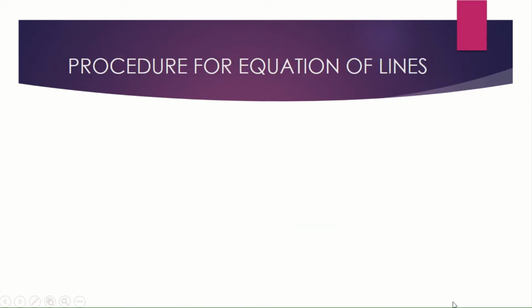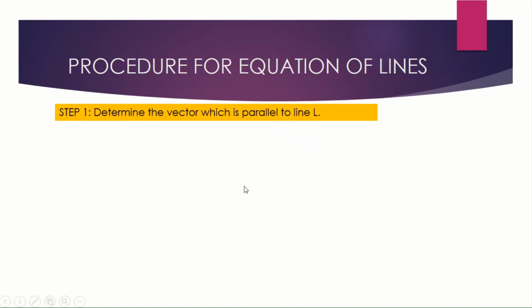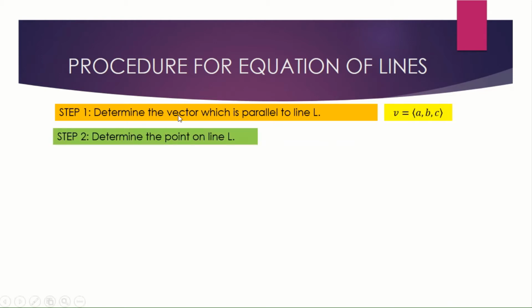Now we look at the procedure to find the equation of lines. First, we determine the vector parallel to line L, let's say the vector is (a, b, c). We also need a point on line L, let's say (x naught, y naught, z naught).